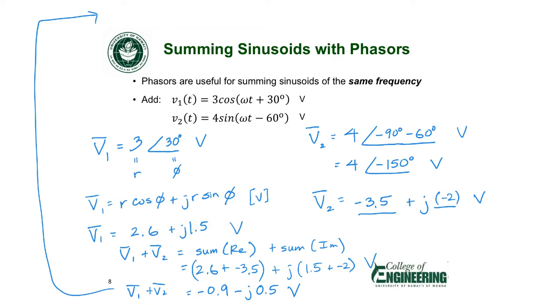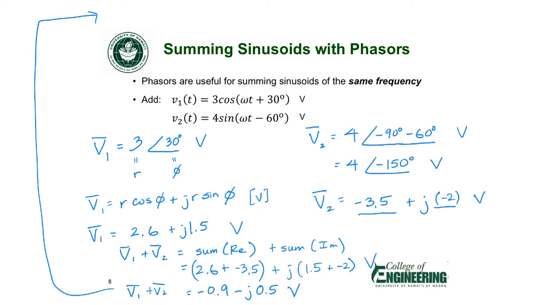Okay, so that R is going to be the magnitude of the real part squared plus the magnitude of the imaginary part squared, and take the square root of that.